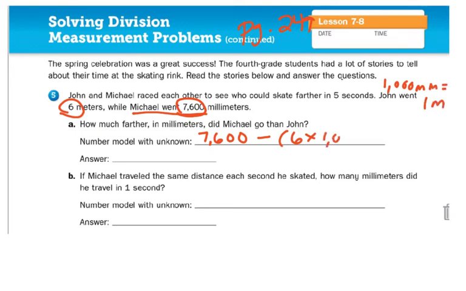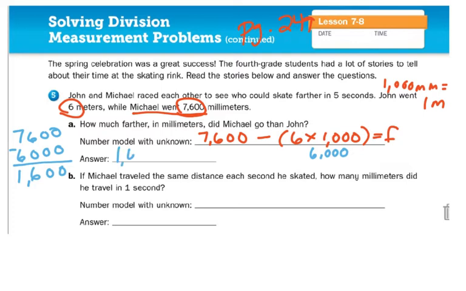So let's multiply that by 1,000 and get our difference between those two distances. 6 times 1,000 is 6,000. So 7,600 minus 6,000 is 1,600 millimeters.